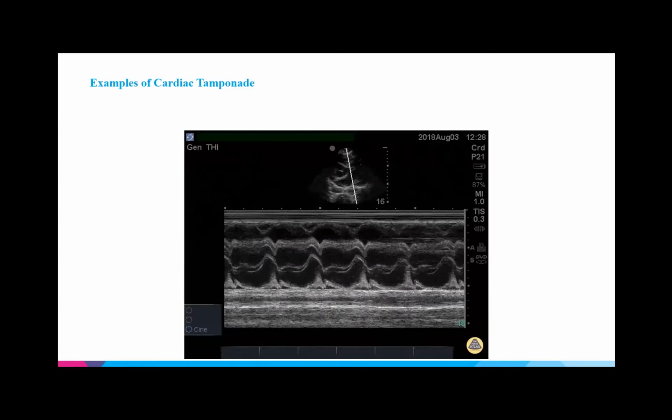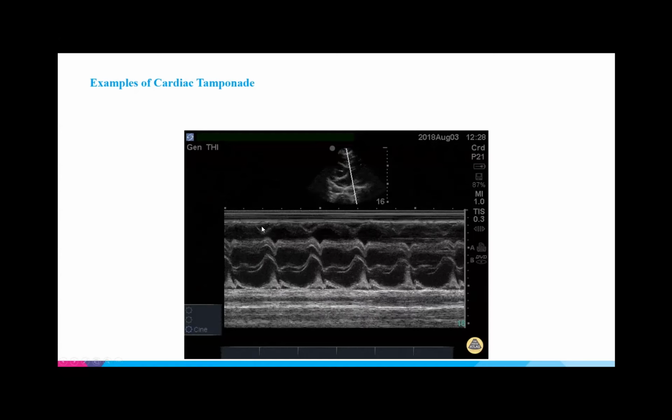You can actually use M mode if you're not sure if the RV is collapsing inward or outward. You want to correlate the free wall of the right ventricle with the opening of the anterior leaflet of the mitral valve. If they're moving towards each other, that's inappropriate, right? The right ventricle wall should be expanding while the mitral valve is opening.